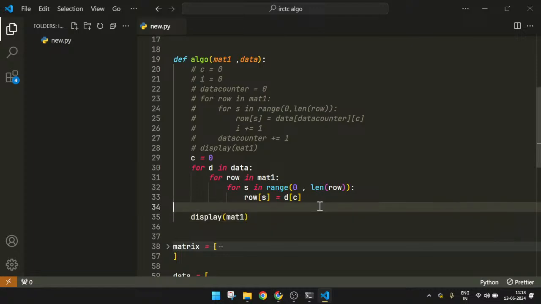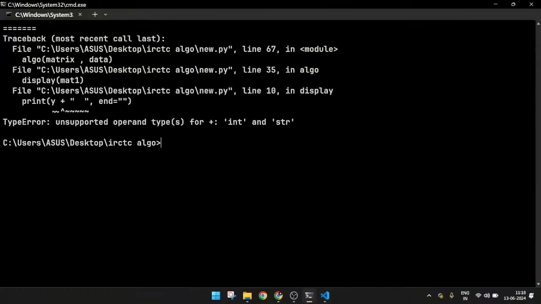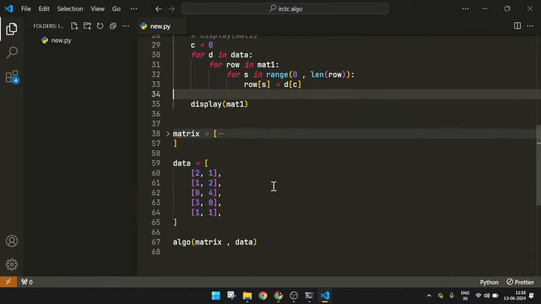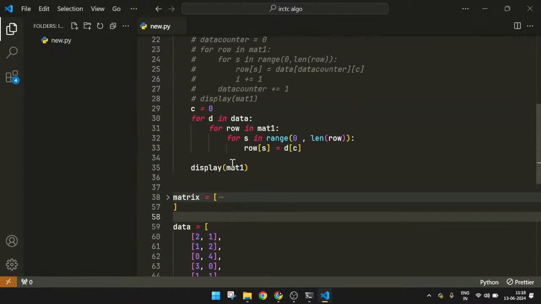Okay, I just want this now. I think this will give me some output. Oh my god! Not able to understand why I'm getting this. Oh my god, this is so irritating.